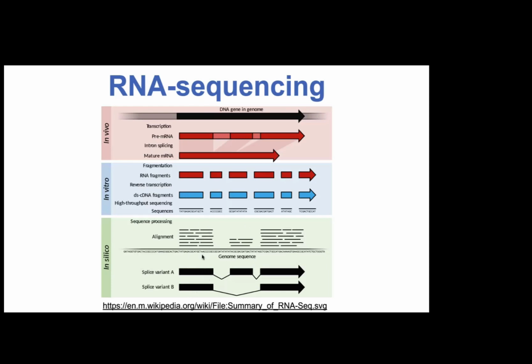In this example, we can see that a lot of the reads were aligned to this first exon, then fewer were aligned to this middle exon, and then more again to the last exon, suggesting that both transcripts were potentially expressed the same amount. This is kind of what it looks like. Are there any questions so far? No? Okay.